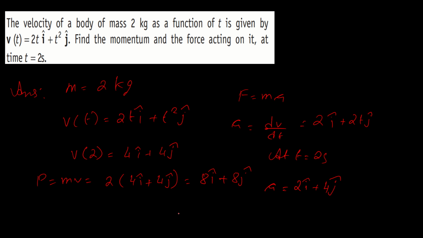Then force F is equal to ma, which is 2 into 2i cap plus 4j cap, equal to 4i cap plus 8j cap. So that's the answer, in Newton. The unit of momentum is kilogram meter per second. Simple question, guys, just differentiation here.